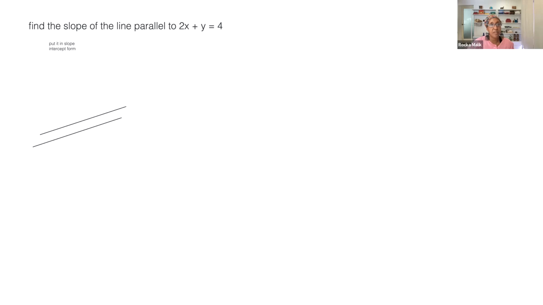Okay, so 2x plus y equals 4. I want to get it into a format where I can see what my slope is without doing a lot of things. So I have the y over here, the number over here. I'm going to move the 2x to the other side. So minus 2x leaves me with y equals 4 minus 2x.